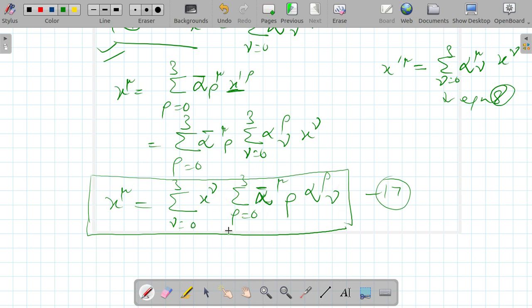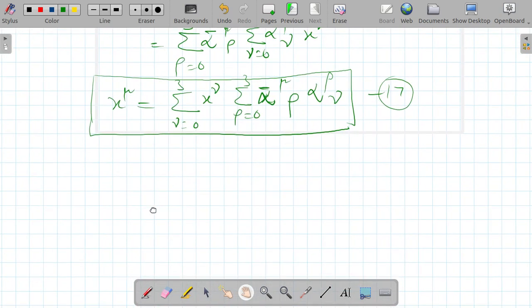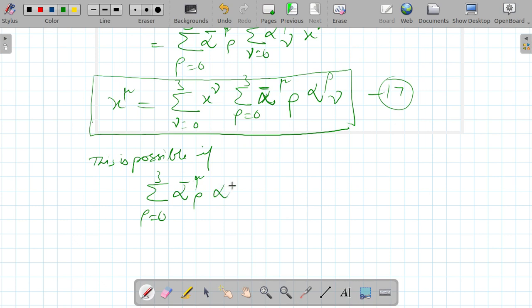That means this is possible if and only if the sum over rho from 0 to 3 of alpha mu rho bar and alpha rho nu is delta mu nu, and delta mu nu is equal to 0 or 1, where it is 0 when mu is not equal to nu and 1 when mu is equal to nu, right?